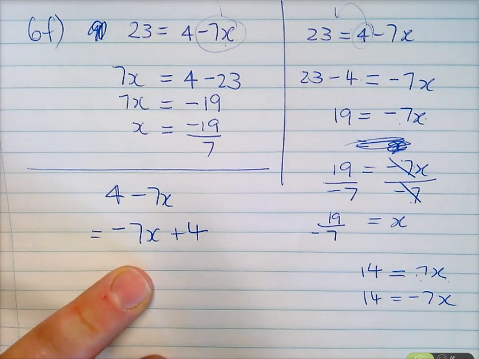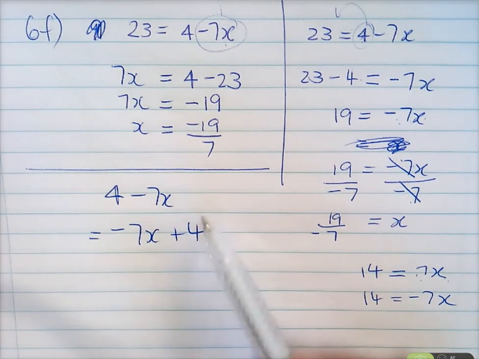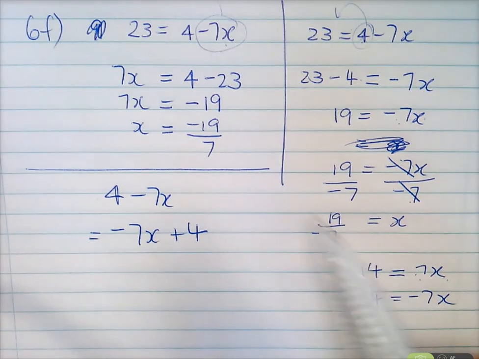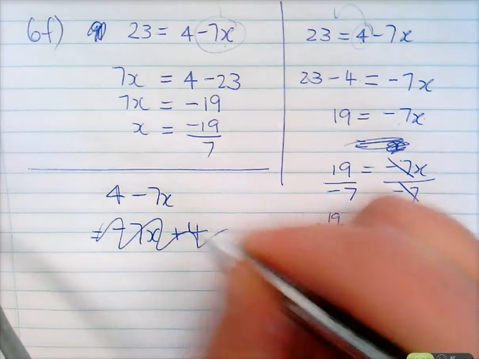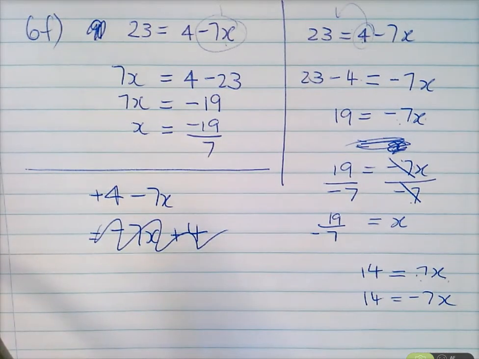Do you agree or not? Yes. The 4 is like plus 4. They mean exactly the same thing. That's plus. So if I've just got this 4 minus 7x, that's a positive 4.